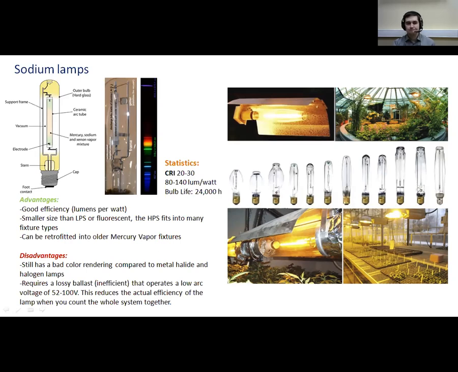Further, the tube is pressurized with xenon instead of argon. The vapors are maintained in a ceramic, or polycrystalline aluminium, tube, which can withstand the corrosive nature of sodium vapors at high temperature and pressure. The excitation of mercury and sodium atoms occurs by the bombardment of electrons from the tungsten electrodes.